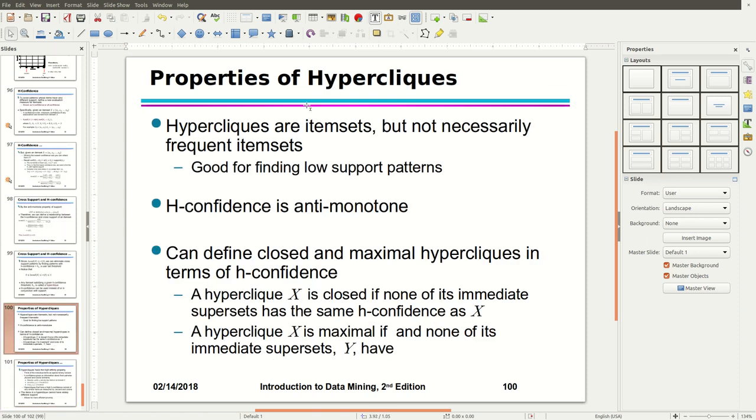So hypercliques are item sets, but not necessarily frequent item sets, good for finding low support patterns. Edge confidence is anti-monotone. We can define closed or maximal hypercliques like closed and maximal frequent item sets. We can also do the same thing for hypercliques.